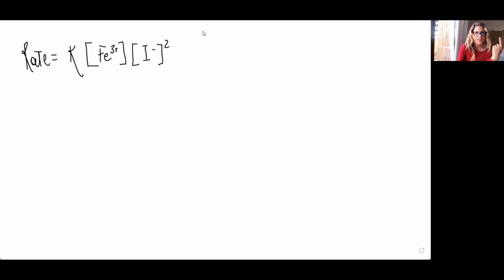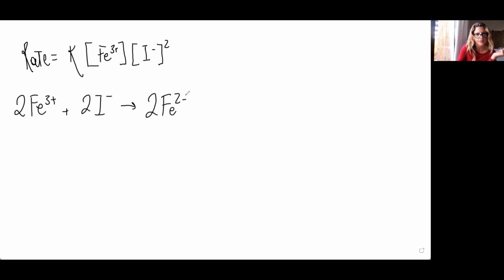And then the other thing that we must keep in mind is the overall equation. We know that the overall equation for this redox reaction is 2 iron 3+ reacting with 2 iodide to form 2 iron, but with a different oxidation number, and iodine. The symbols don't matter for now, so we'll keep it like this.